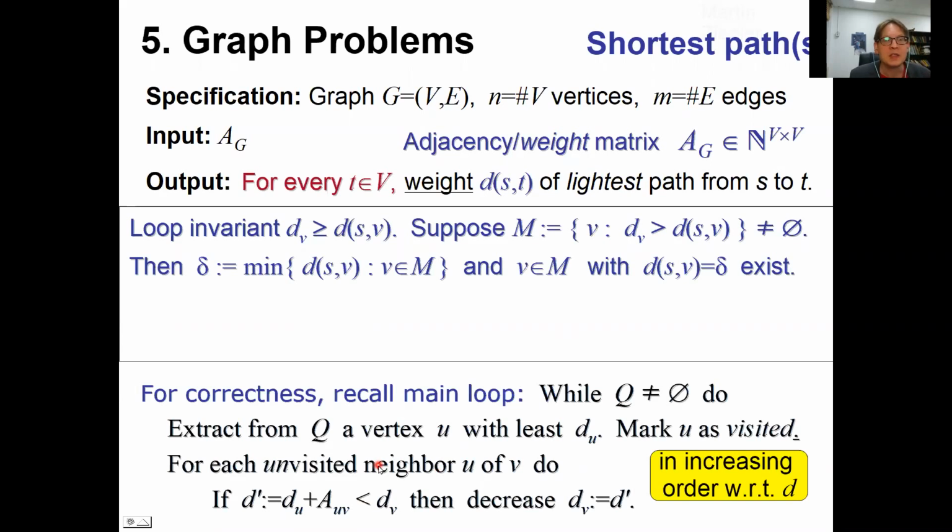Okay, so the first observation is that this non-empty set is a finite set. Well, obviously, right? If we have finitely many vertices, then the minimum of a finite non-empty set exists. So we emphasize two properties: the minimum of a finite and non-empty set. The minimum of an empty set does not exist.